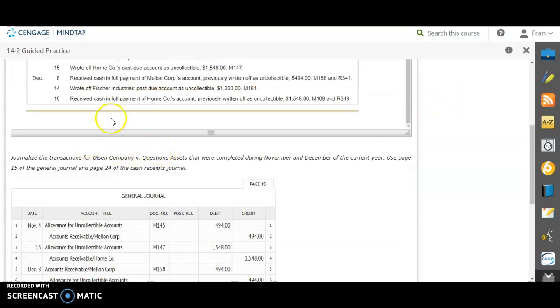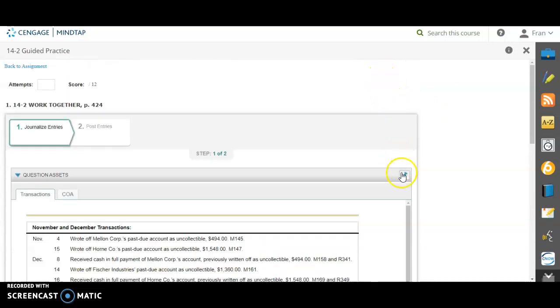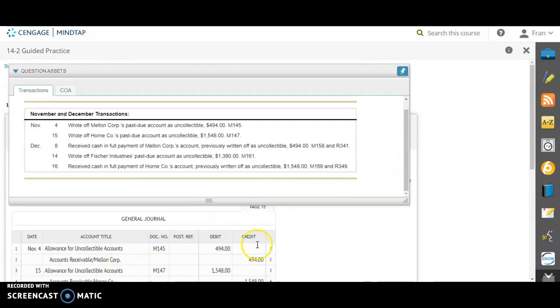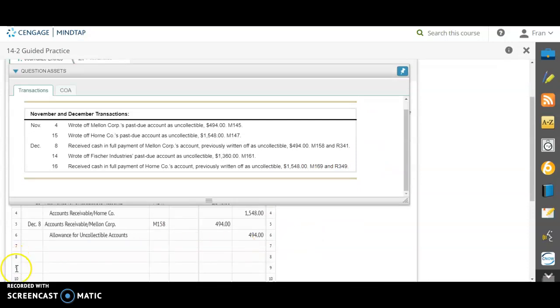All right, the next one, I'm going to have to unpin this so I can get to it. Okay, the next one is December 14th. Wrote off Fisher Industries past due account as uncollectible.